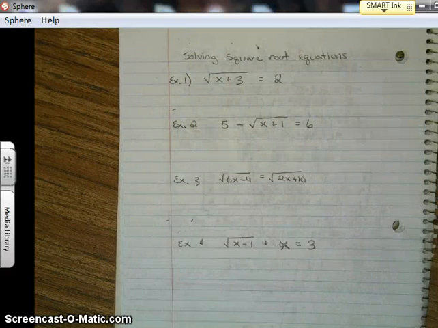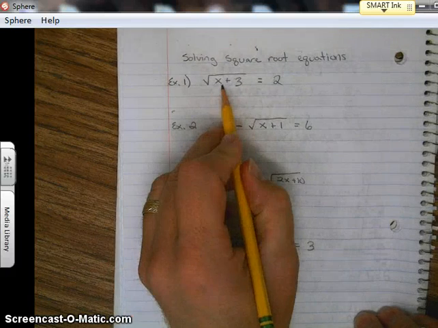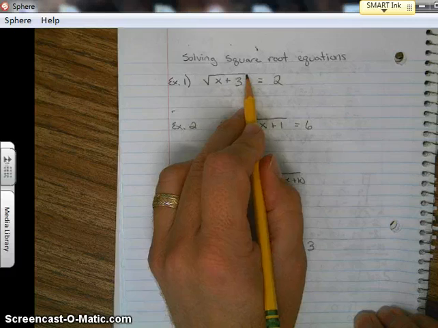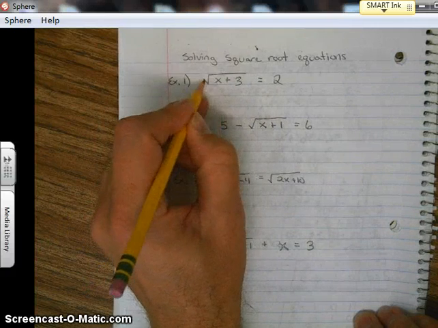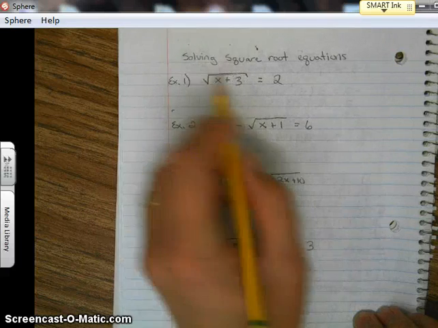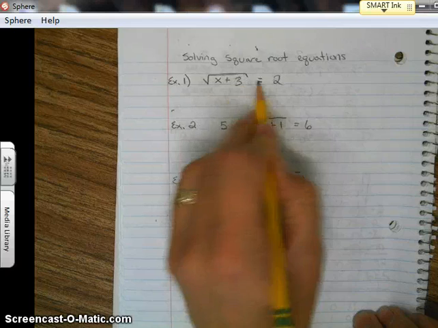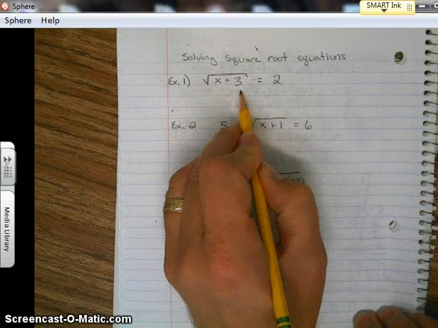Okay, so let's go to this first example. When solving a square root equation, one of the key things is you want to make sure that the square root, the radical, is all by itself. There's nothing happening on the outside. We just have the radical by itself.